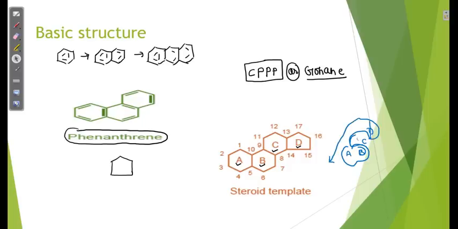So I will give you the numbers. From A to B, we count 1, 2, 3, 4, 5, 6, 7, 8, 9, and 10. Then we move to C, then to D, and then we come in this direction.